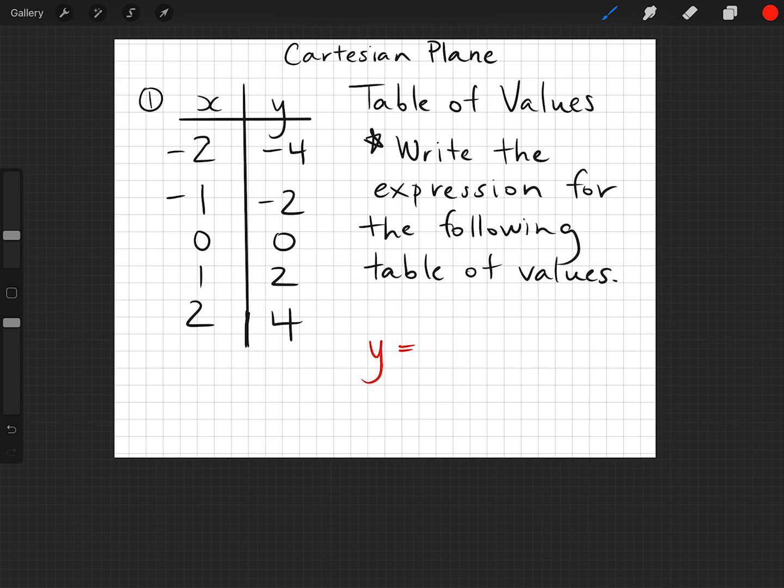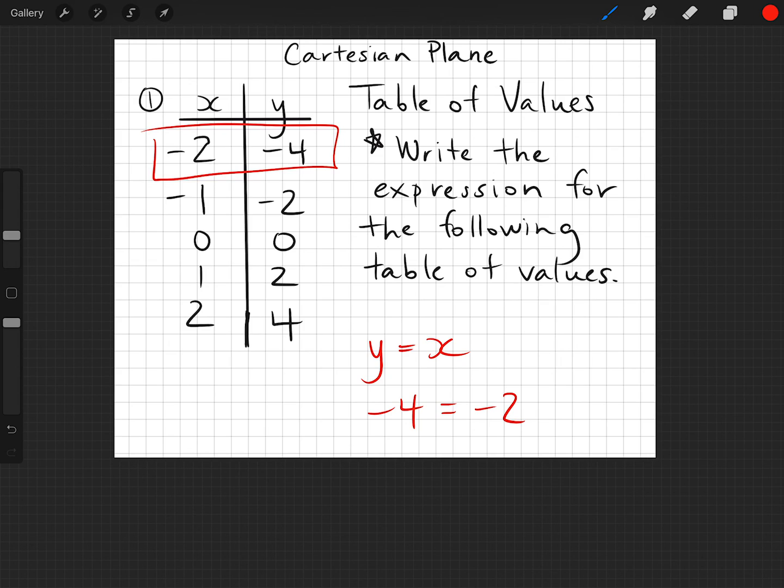So let's just look at the top pair, the top coordinates, -2 and -4. So we have to think, what could I do to make a -2 turn into a -4? So what can I do to the x to make it look like the y? Because what I'm saying is that y is -4 and x is -2. So what do I need to do to a -2 to make it equal a -4?